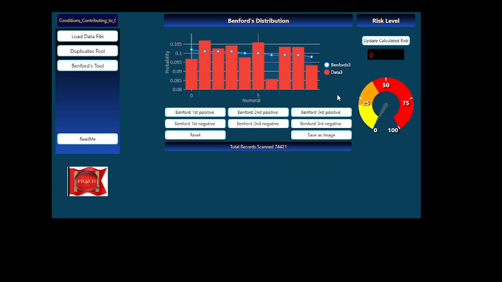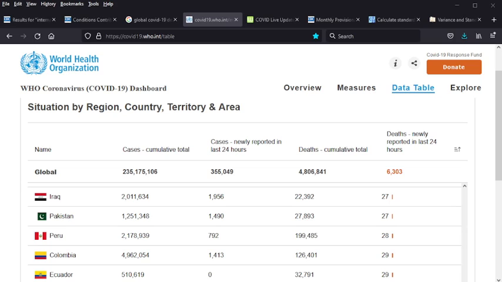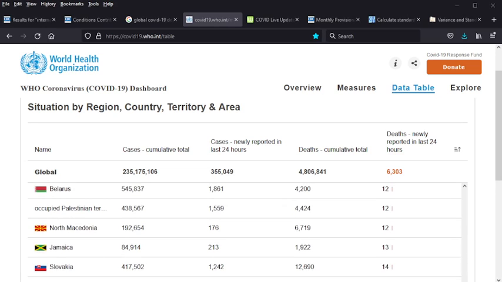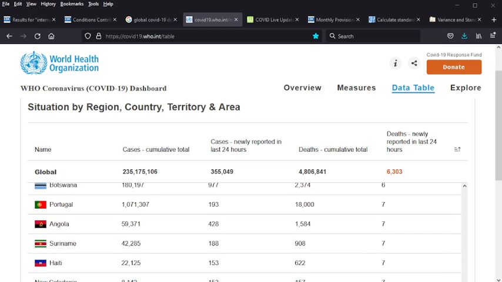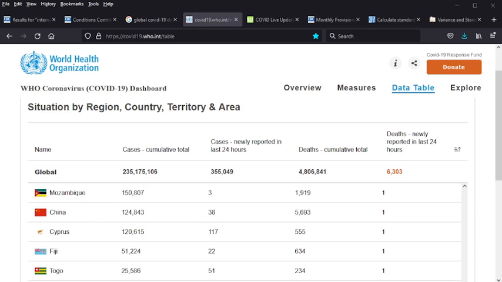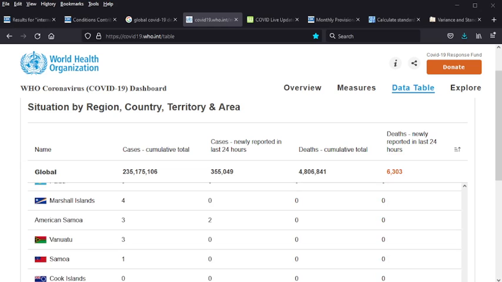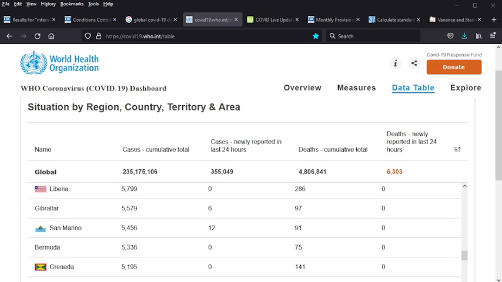And what I decided to do was go over to the World Health Organization's website and take a look at their table. What they have over here is a table basically of every country in the world and all the cases that were reported. And you can see here just globally there's 235 million cases reported globally.